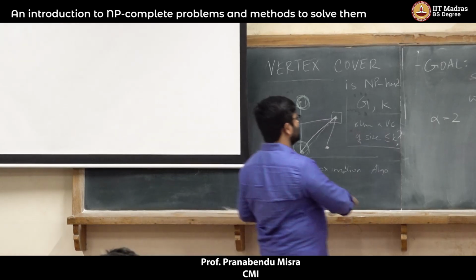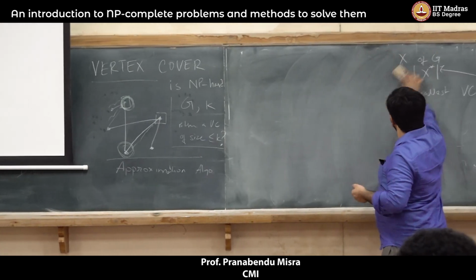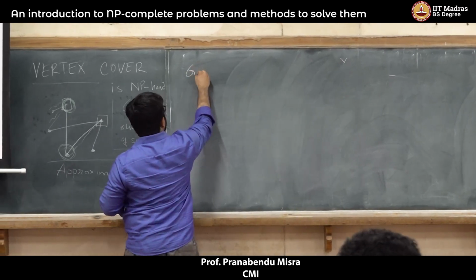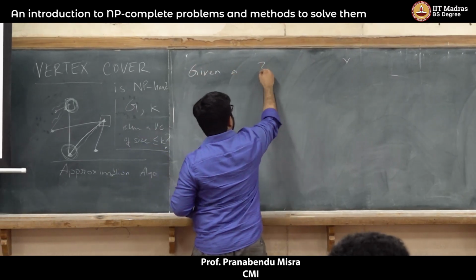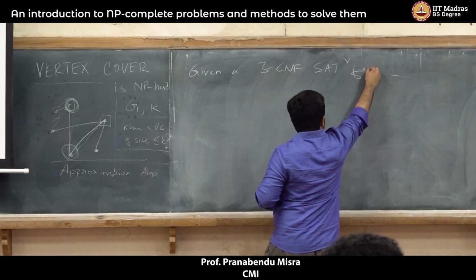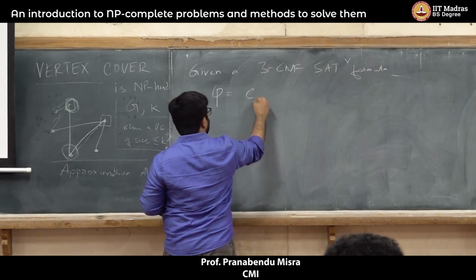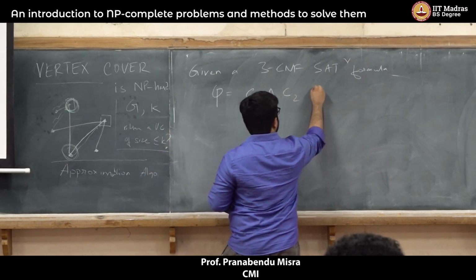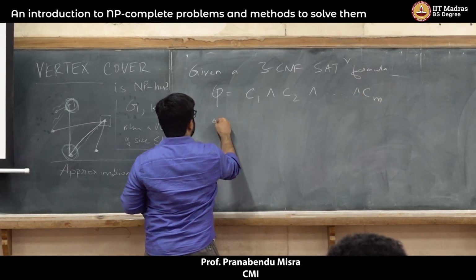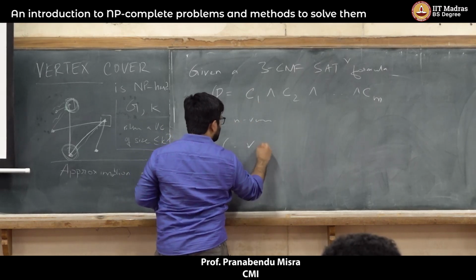Okay, let's look at max SAT briefly. I think that's also easy enough. Let me write it down. Given a 3 CNF SAT formula, let's call that phi, which is some clause, another clause, some m clauses on n variables, where each clause is essentially 3 literals: this or this or this.